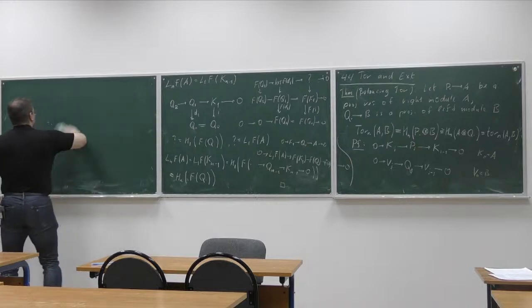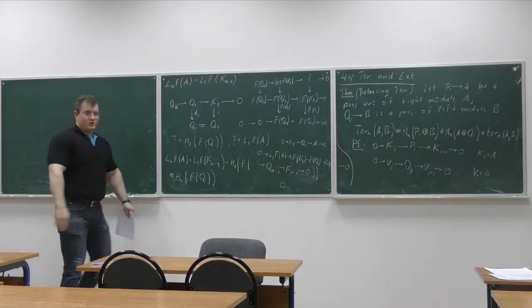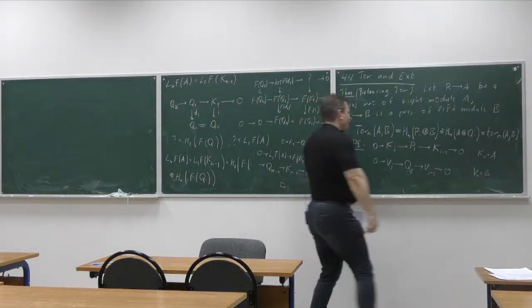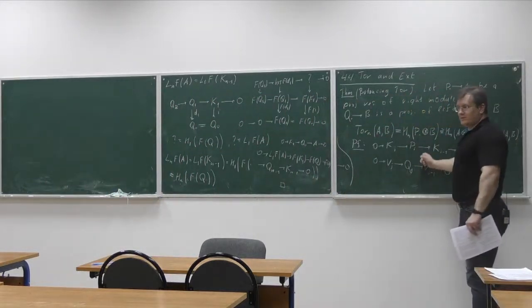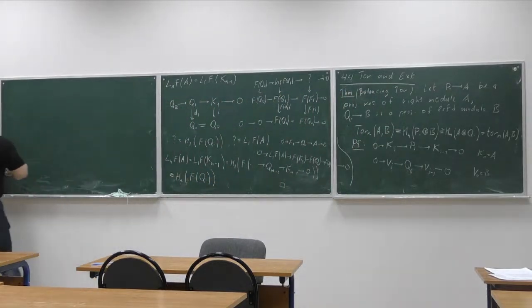So essentially, this whole proof is based on looking at one diagram, which is just the tensor product of these two short exact sequences. So let's take a tensor product, and this is what we get. So I have Ki tensor product with Vj.